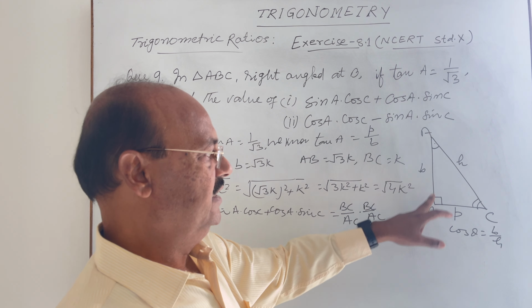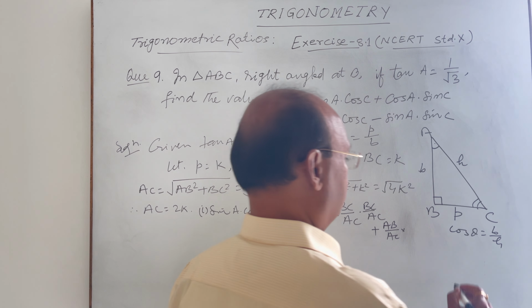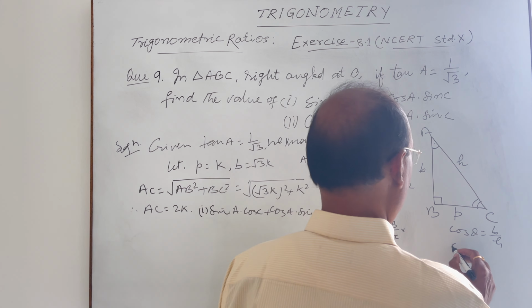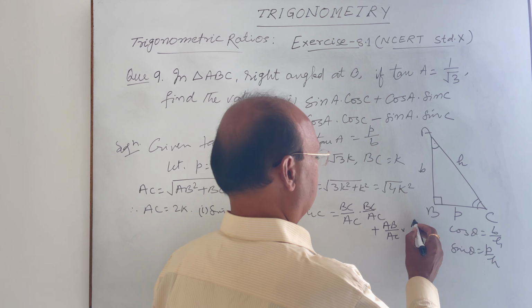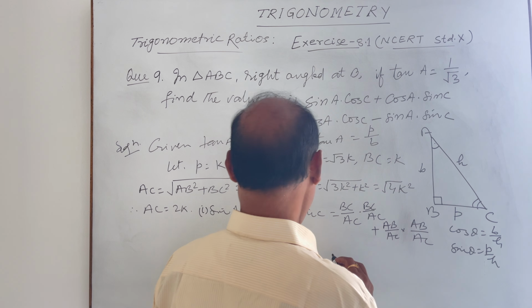So cos A is base by hypotenuse, means AB by AC into sin C. With respect to this angle C, sin is P by H. You know, sin theta is P by H. So sin C, with respect to this angle C, perpendicular is AB and hypotenuse is AC, correct?